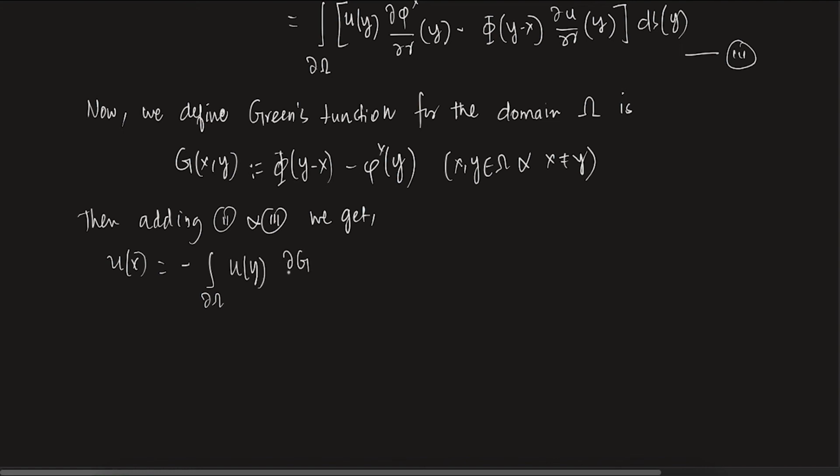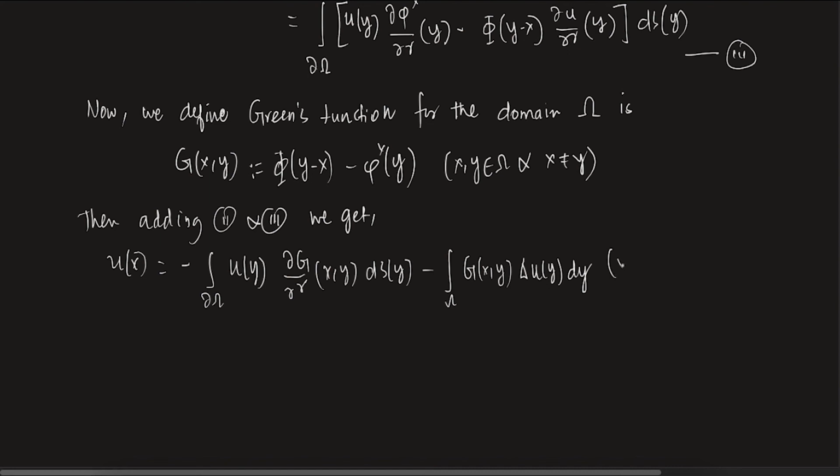I am just writing it down. Please calculate this; it's not very difficult, it's very easy to do. Please check that part. That's all. dS(y), minus the integral over Omega of G(x,y) Laplacian of u(y) dy.